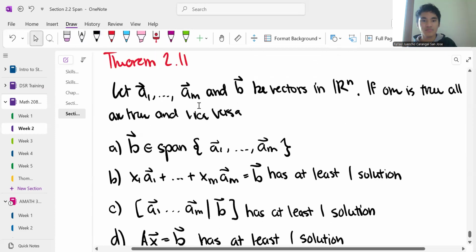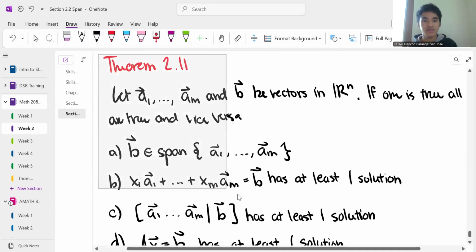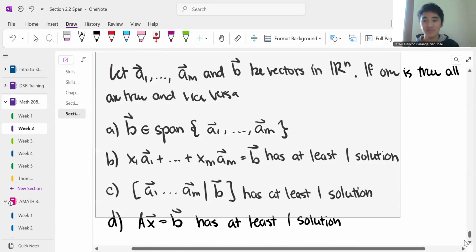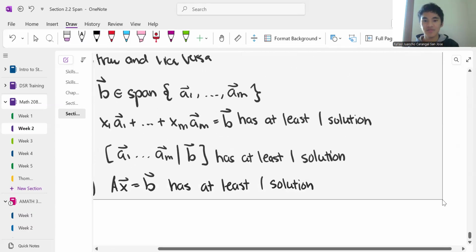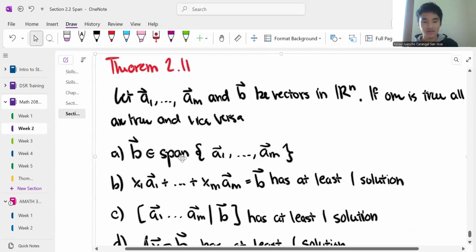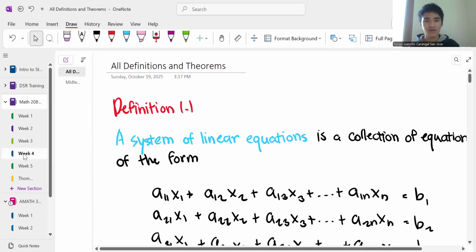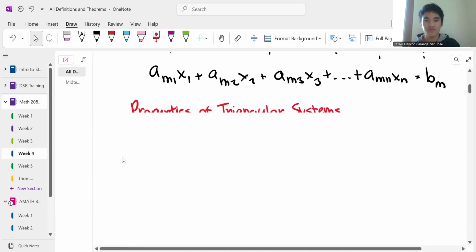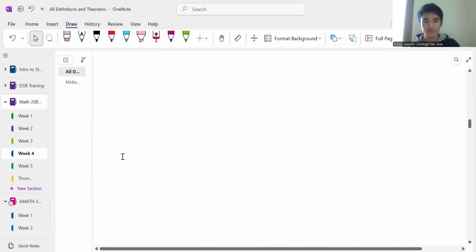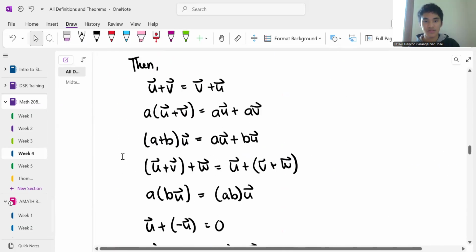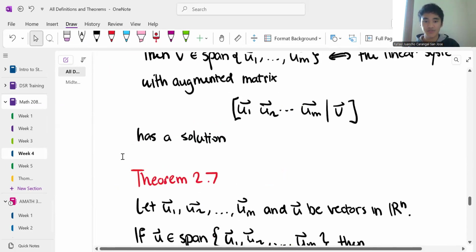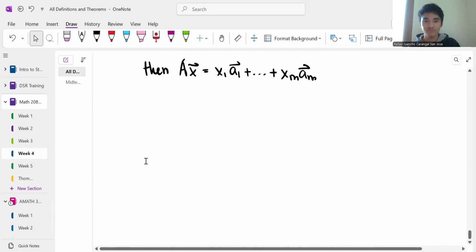So really, B, C, and D are pretty much the same thing, just three different ways of expressing the same thing. If one of those three is true, then the rest are true. Or even if A is true, then B, C, and D are true.